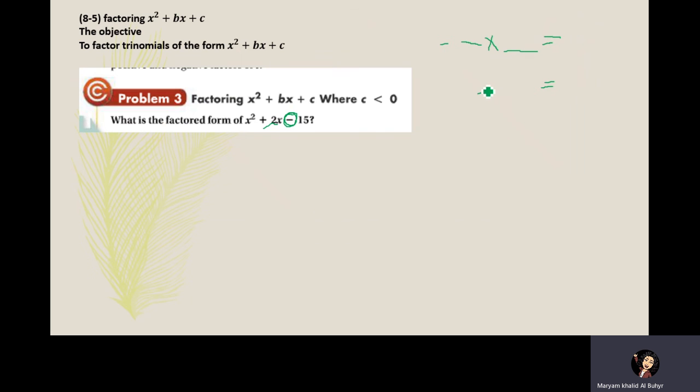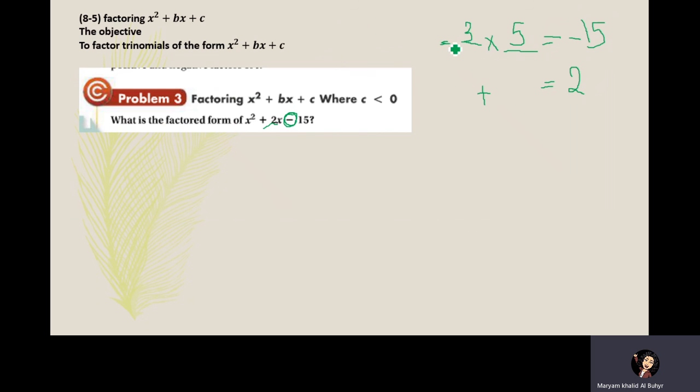Once I add them, I will get 2. Once I multiply them, I will get negative 15. Since in multiplication I get a negative, one of these numbers should be negative. I can easily say negative 3 and 5.